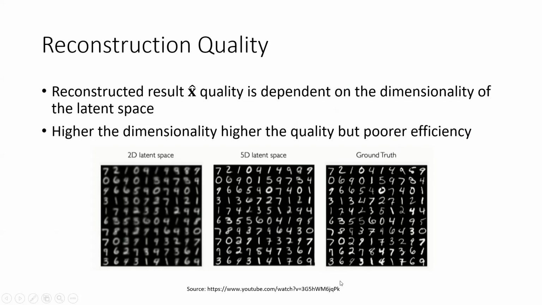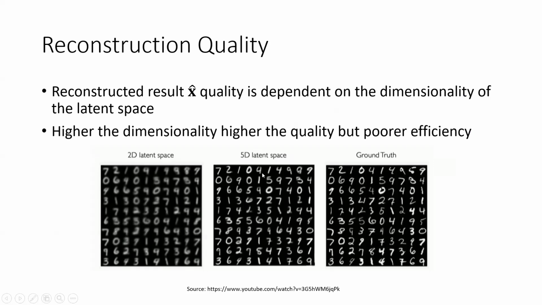In this example, when the latent space has 5 dimensions, the X hat is very clear, but if Z has only 2 dimensions, a 2-dimensional latent space, then the output of this autoencoder, which is X hat, would look like this, which is not as clear compared to this 5D latent space.